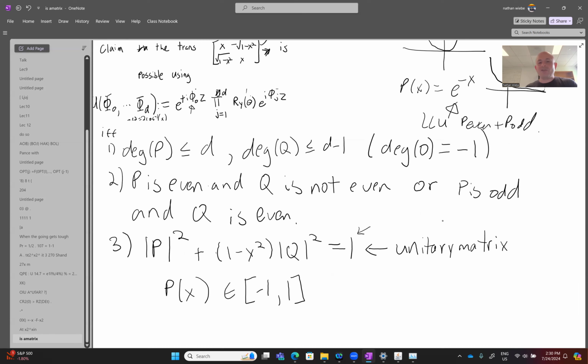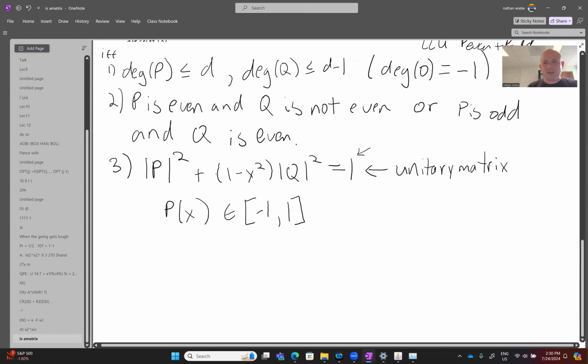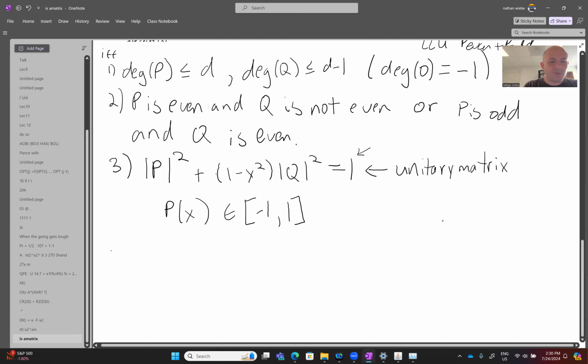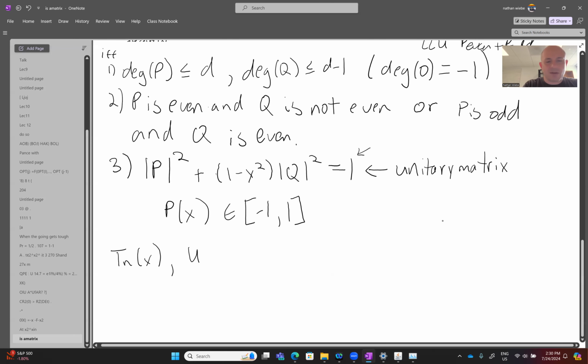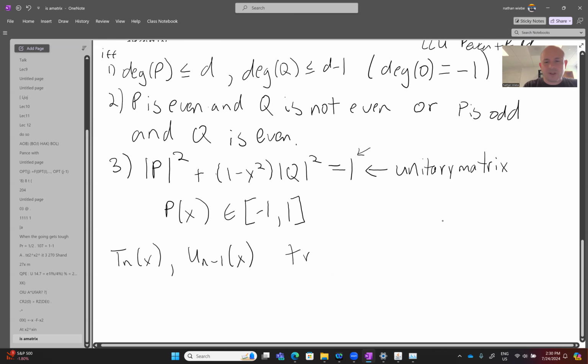And now, just as a little bit of an aside, there are polynomials that you can see quite easily that satisfy these conditions. For example, Chebyshev polynomials, Tn of x and Un minus 1 of x, trivially satisfy these.